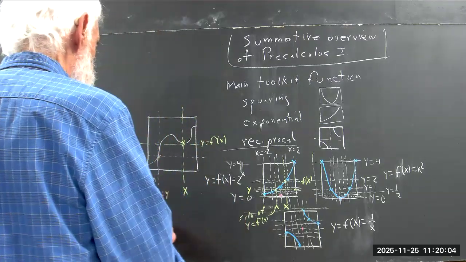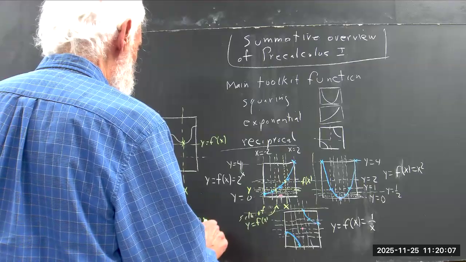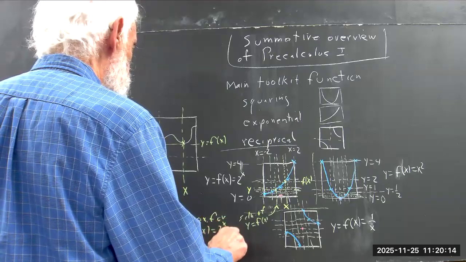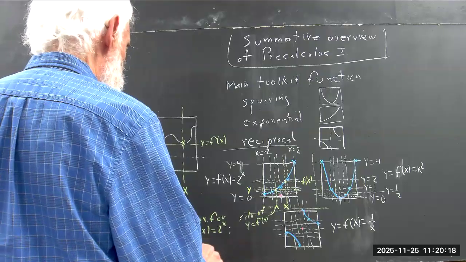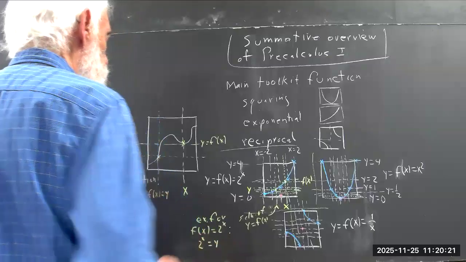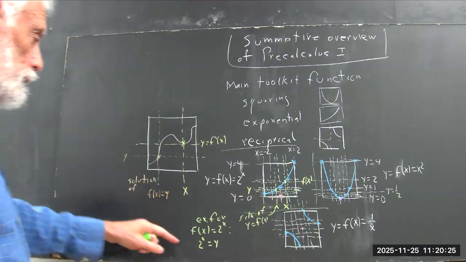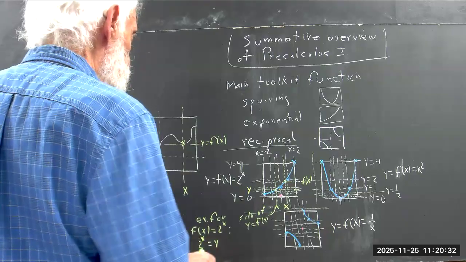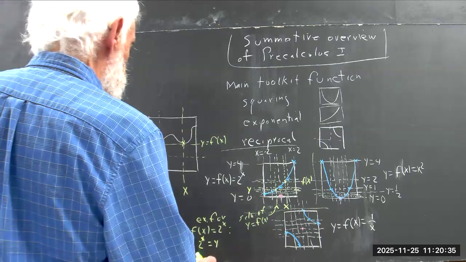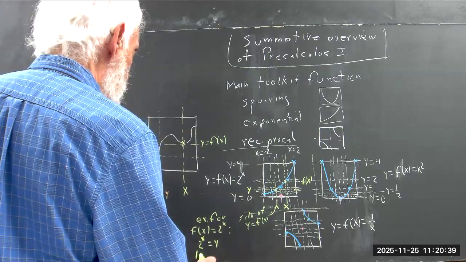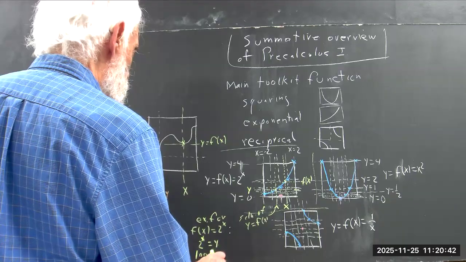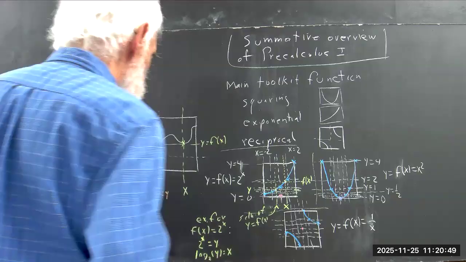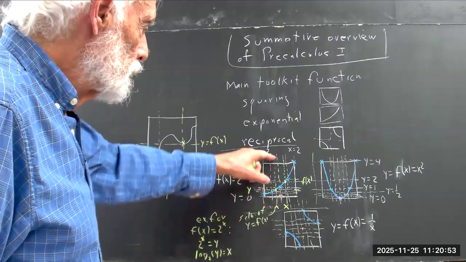So an example, for f of x equals 2 to the x, 2 to the x equals y, as we have discovered fairly recently, transforms to the equation log base 2 of y equals x.